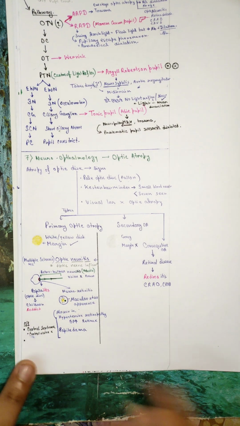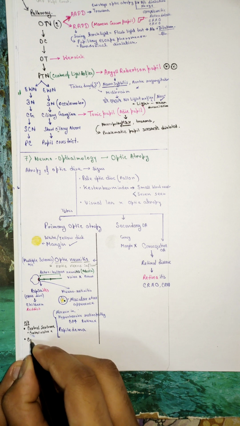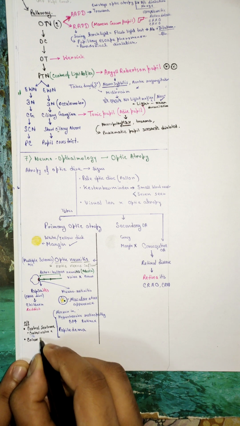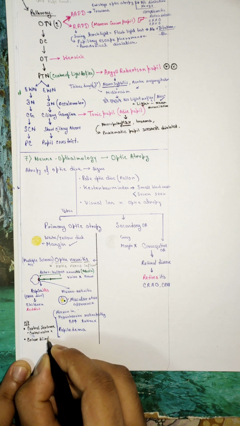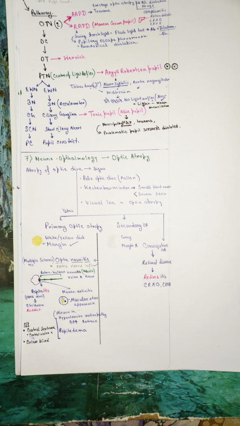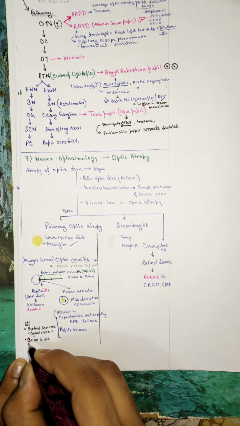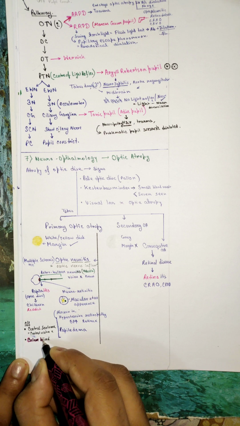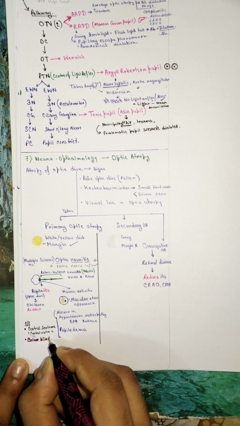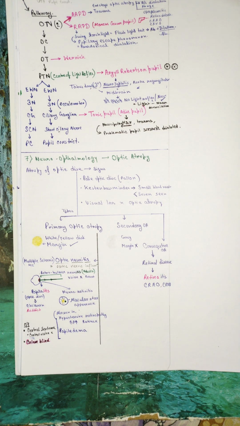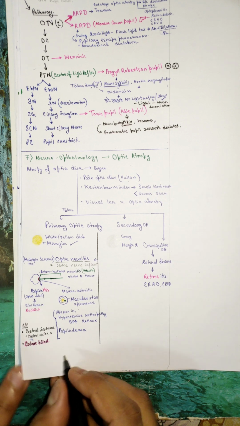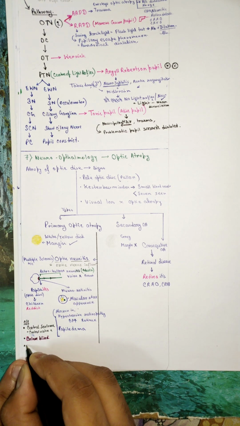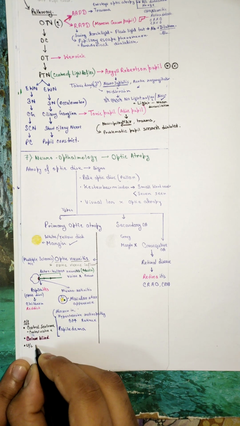Next, color blindness. Mainly red color blind. You can understand which color, that is red. Next, unilateral vision loss.